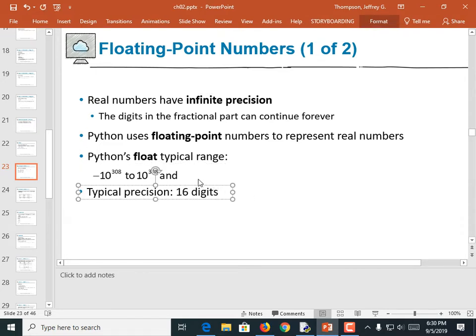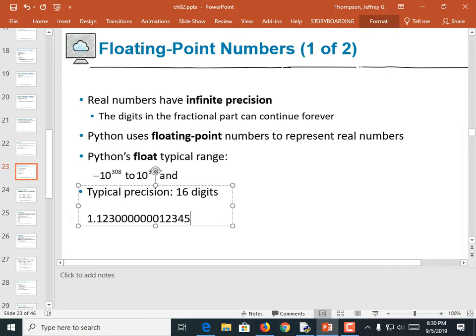Well, if you've taken a chemistry or physics class, you know what precision means. If I do this, that thing's got 4 digits of precision. If I do this, it's got more digits of precision. 1, 2, 3, 4, 5, 6, 7, 8, 9, 10, 11, 12, 13, 14, 15, 16. That's about as precise as it would allow.